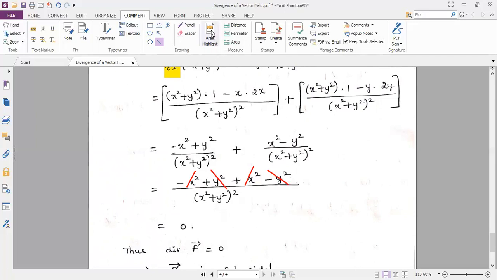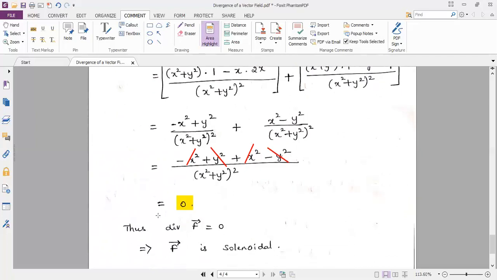So we obtain 0 divided by (x² + y²) the whole square. Answer is 0. So thus we have divergence of vector f is equal to 0. This proves that the given vector function f is solenoidal.